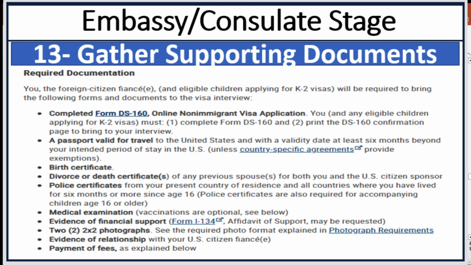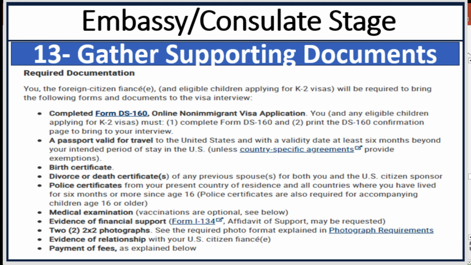Birth certificate, which must be translated to English. Divorce or death certificate, if any. Police certificate, which must be translated to English as well. Medical examination, evidence of financial support, Form I-134, and 2x2 photographs with white background. Always check the photograph requirements.